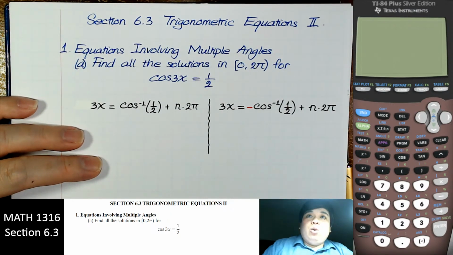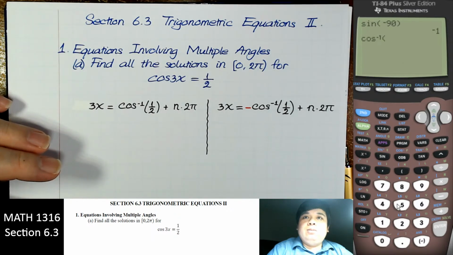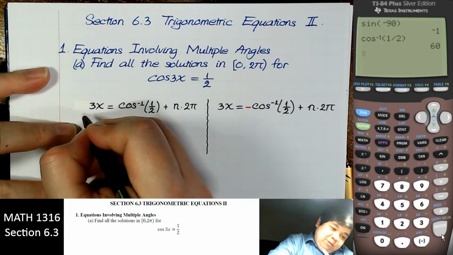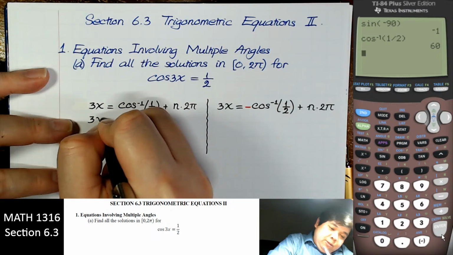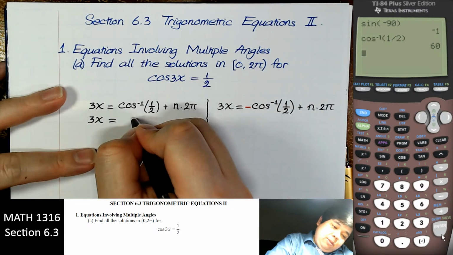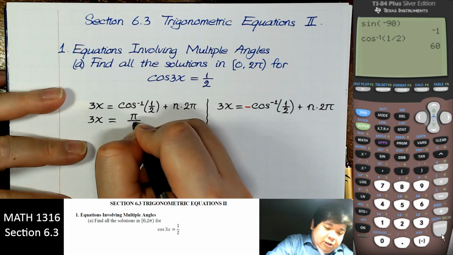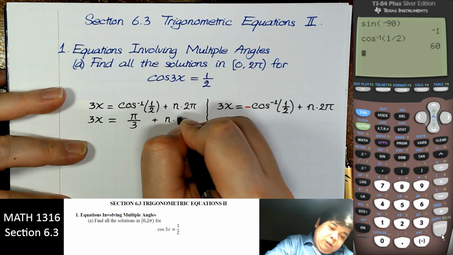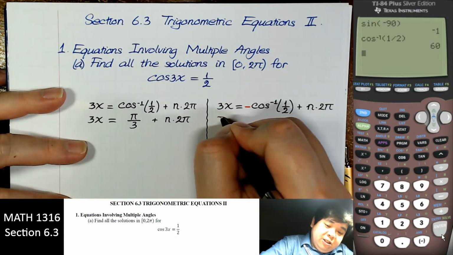So we just find cosine inverse of 1/2, which is 60 degrees, pi over 3. Or we might have the negative of that.